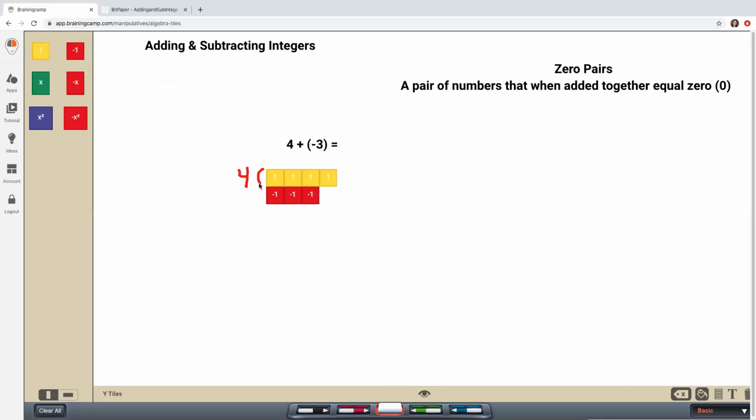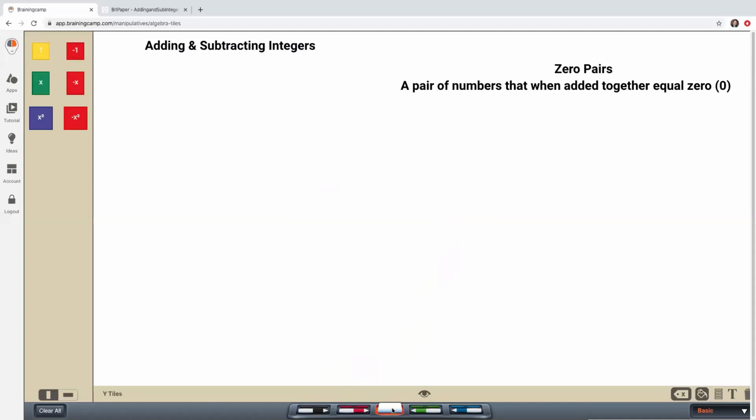So we're joining or combining these two quantities. And in order to solve this, I'm going to create some zero pairs. There we go. And the remainder that I have left is my answer. 4 plus -3 equals +1. Okay, and let me go ahead and model another problem for you.